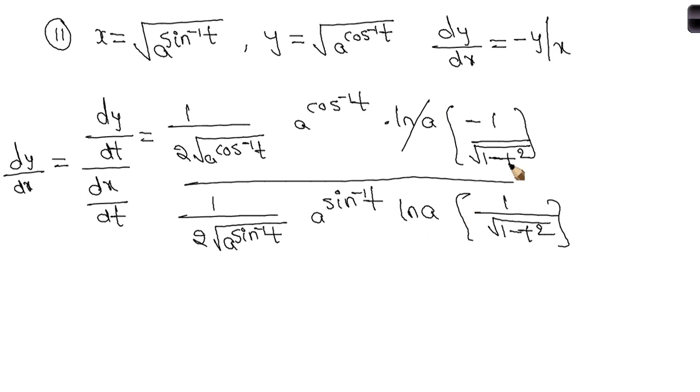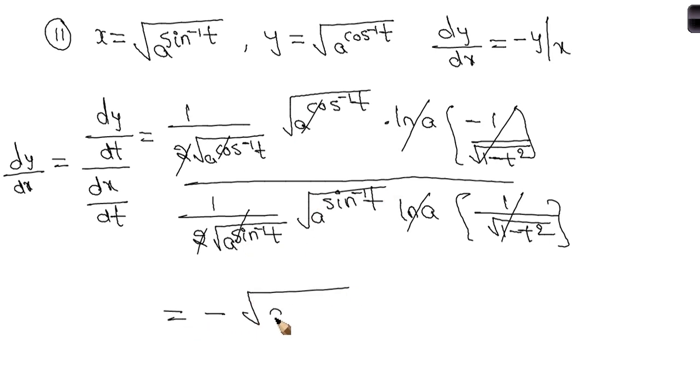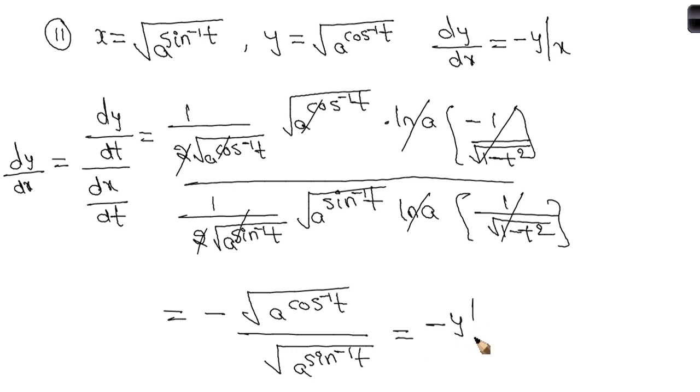So ln of a, this and this get cancelled out. Then 2 and 2 also get cancelled. Root gets cancelled in root times, and this gets cancelled also in root times. So I am left with minus of root of a power cos inverse of t upon root of a power sin inverse of t, which is equivalent to minus y upon x. Hence true. Okay, this is the last problem.